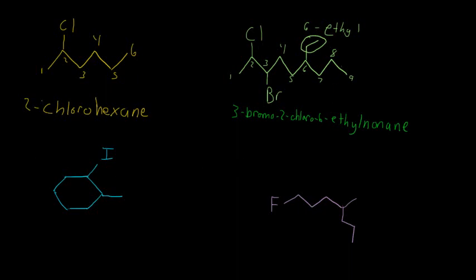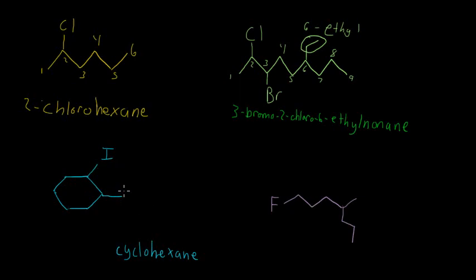And then getting into the next example, we have a ring. So this is going to be cyclo, and it's going to be cyclohexane because there's 6 carbons in this. So I'll go ahead and name cyclohexane real quick. So cyclo being a ring, hexane is 6 carbons.